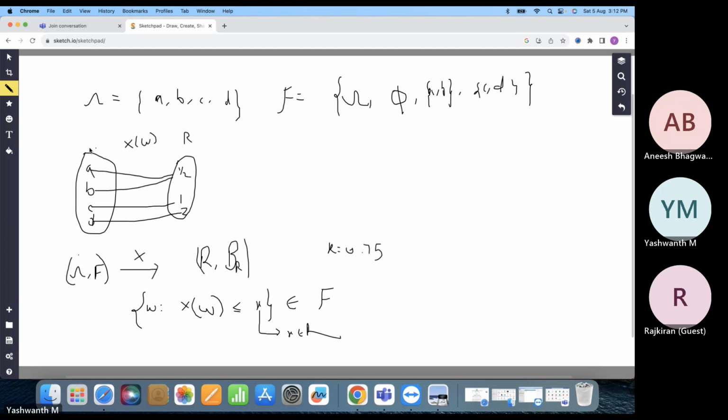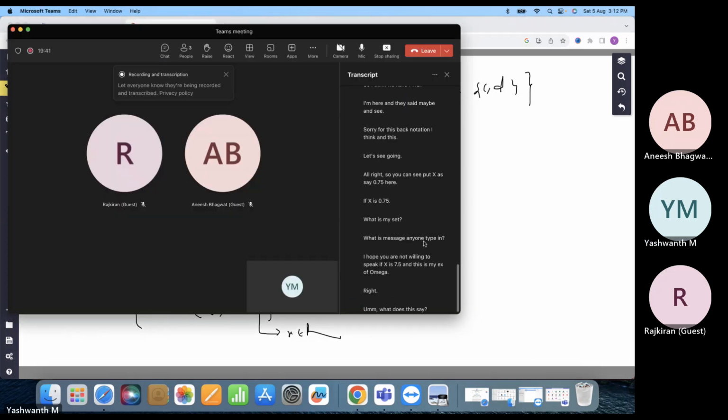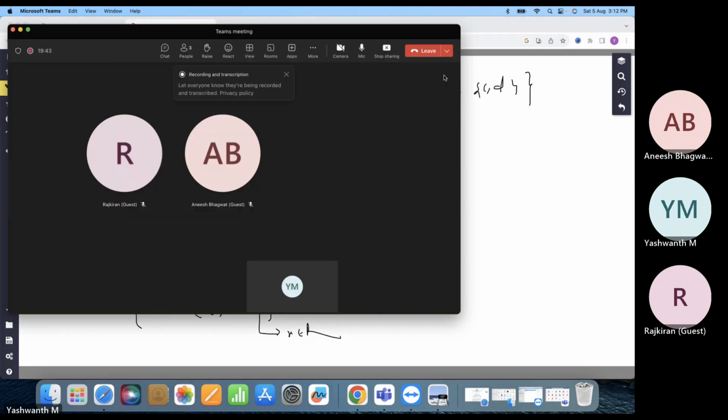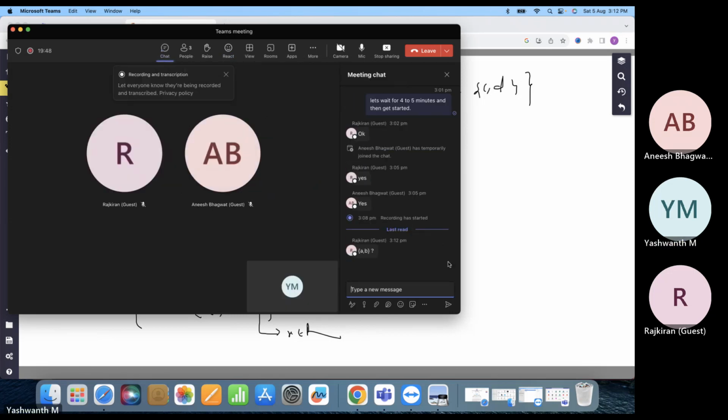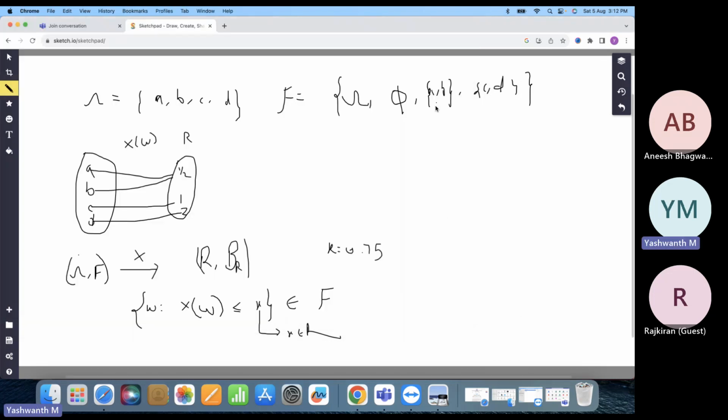What is this set? Chat, anyone? AB, cool. Yeah, that's right, because both A and B map to 0.5. So they both satisfy that set, and AB is present in F. So it satisfies for this x, 0.75.